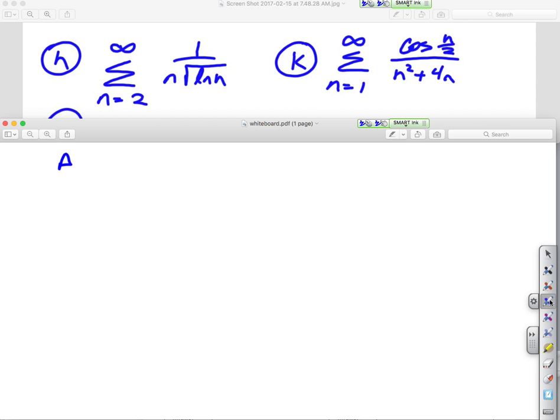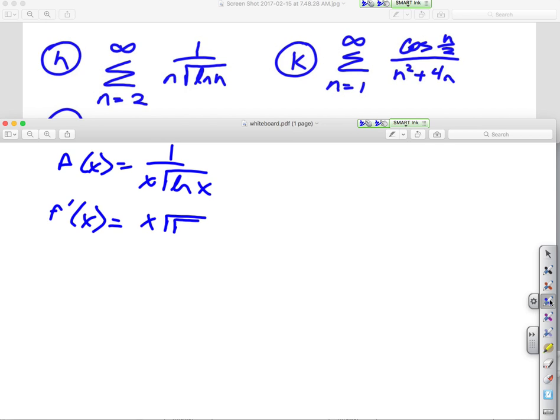So we are considering f of x equals 1 over x square root natural log of x. How do we write that? If you're going to show it's decreasing, yes. So then Kevin had fun with the derivative of this thing yesterday.